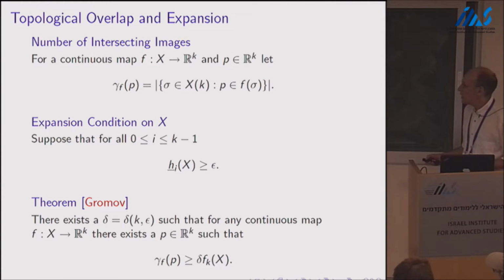Then Gromov says that there exists a delta, some fraction which depends both on k and on epsilon, such that for any continuous function from X to R^k, there exists a point which lies in the image of at least a delta fraction of the simplices.